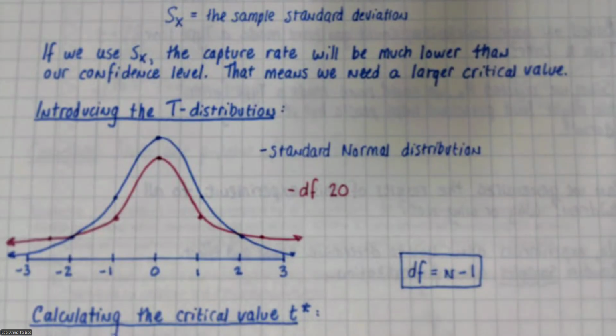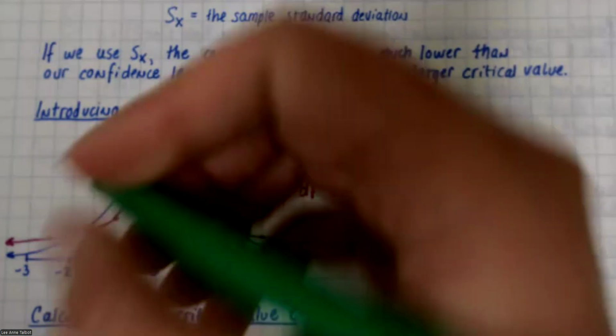This would represent a curve that's about degrees of freedom of 20. Meaning what was the sample size? 21. Okay, now come down like a box and a half.